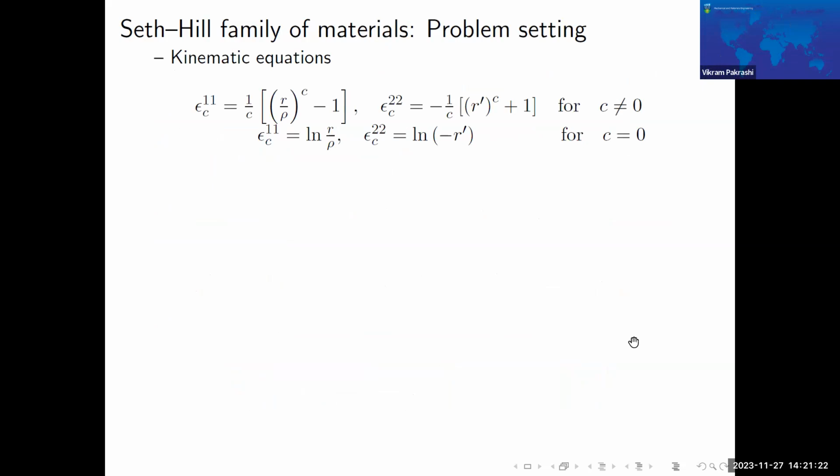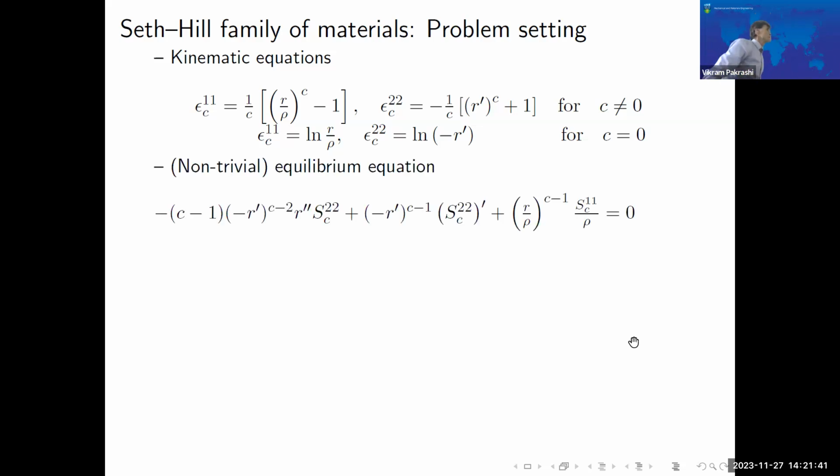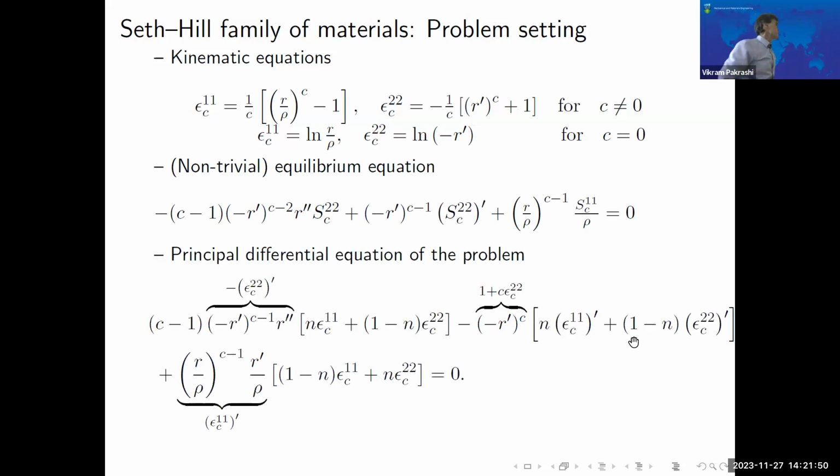In a general case, then we can write our longitudinal strains or our transversal strains, or any. And if C happens to be equal to 0, then again we have some limiting value. So this would be the relationship between our kinematics and our chosen strains. I give it to you without any particular derivation and without going into detail.